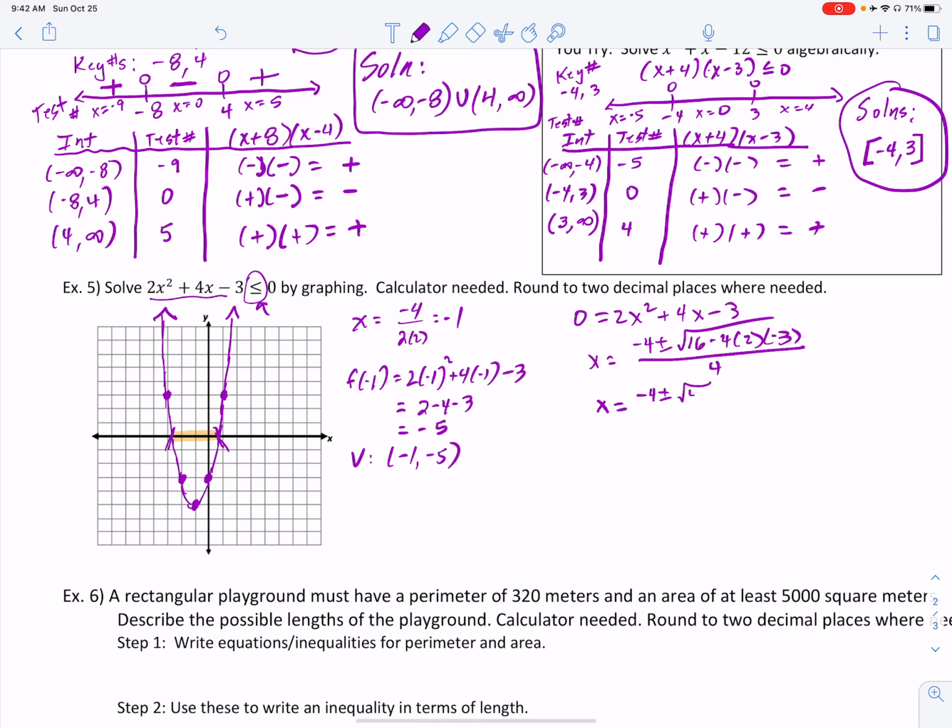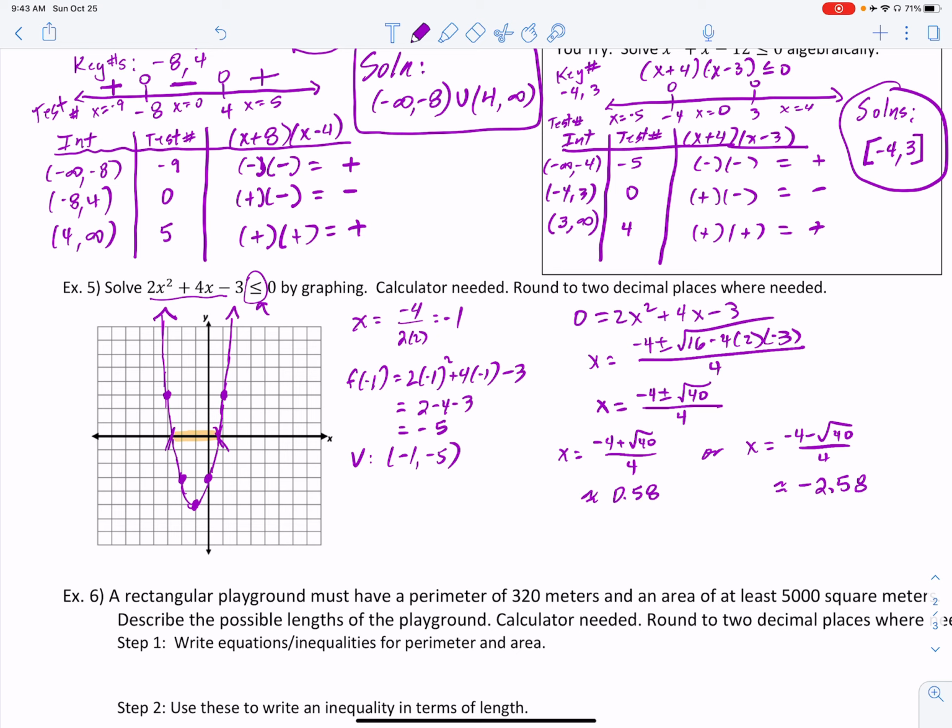And I said calculator needed. And since we are going to just approximate those two x values, we're going to split it up. It's a -4 plus root 40, you don't have to simplify that, just because you're going to get the approximation anyways, and that's about 0.58 to 2 decimals, or x is a minus 4 minus the square root of 40 all over 4, and so that is approximately a negative 2.58.